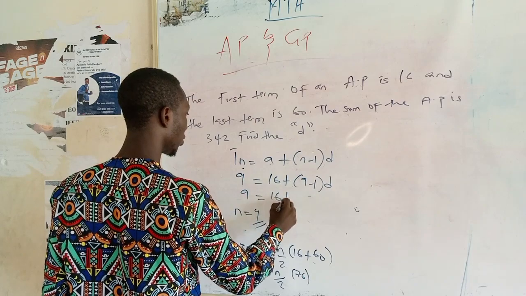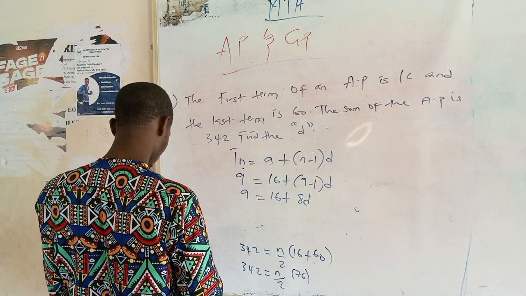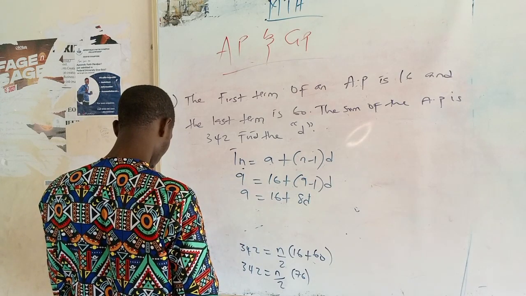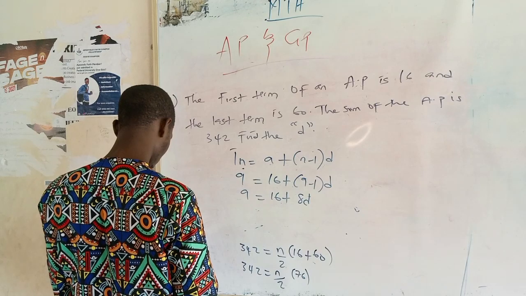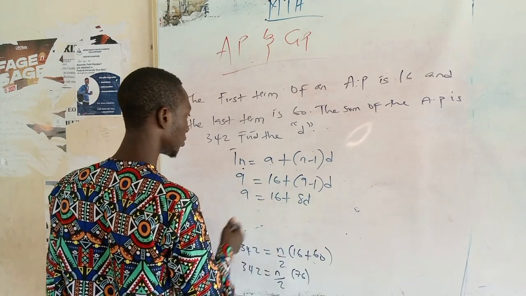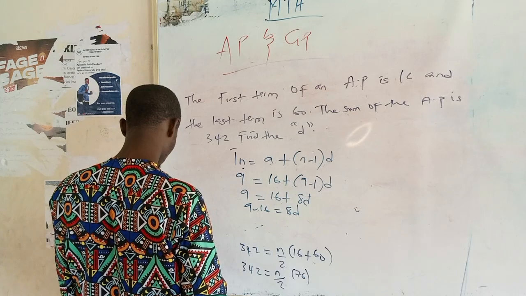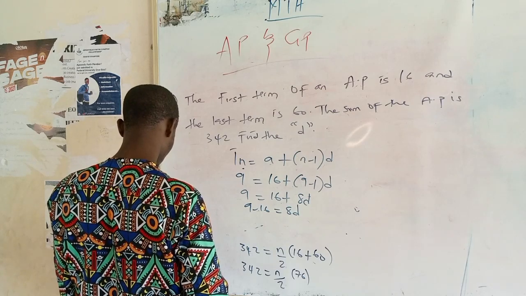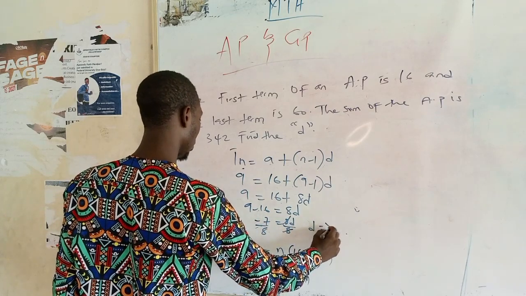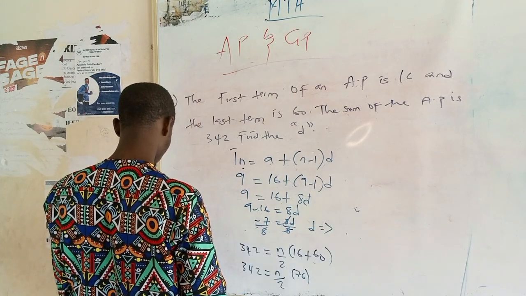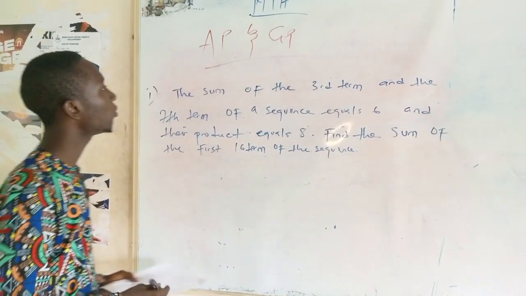So 9 equals 16 plus 8d. 9 minus 16 equals 8d, which is minus 7 equals 8d. So d equals minus 0.875.